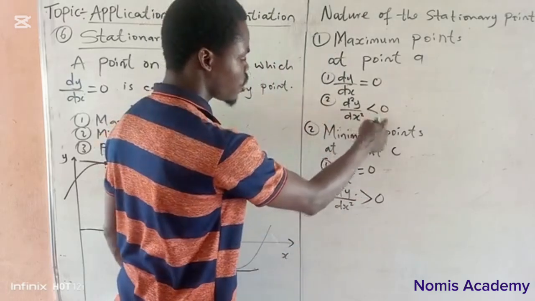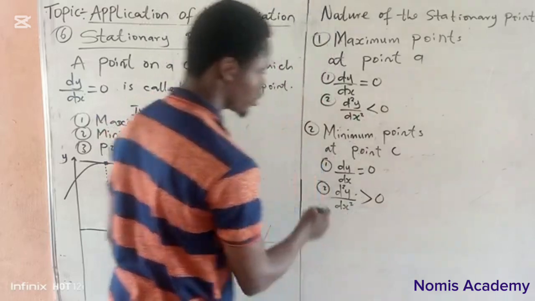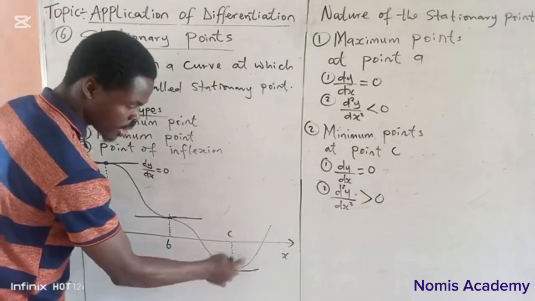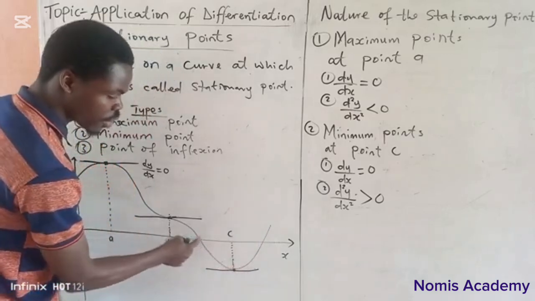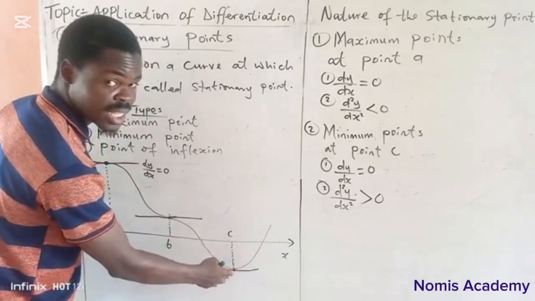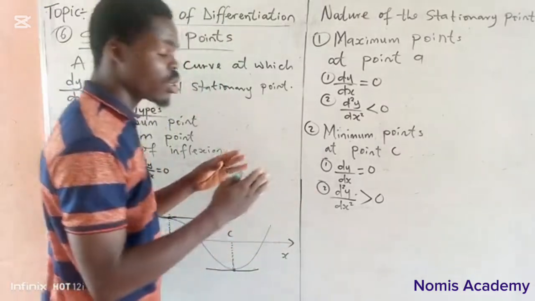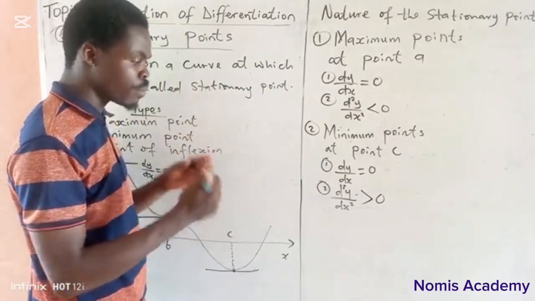The maximum was less than 0, while this is greater than 0. So that's the minimum point. At this point, the second derivative of the function is greater than 0. That's how to find the true nature of the stationary point.